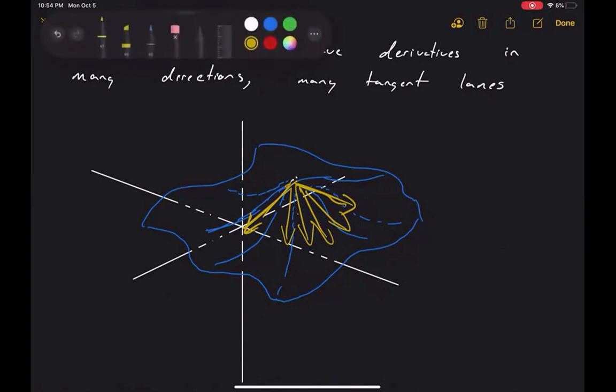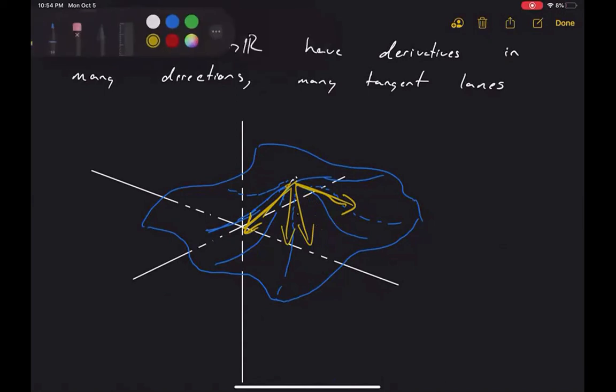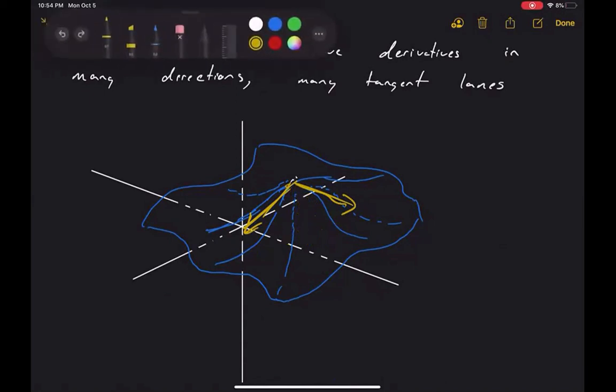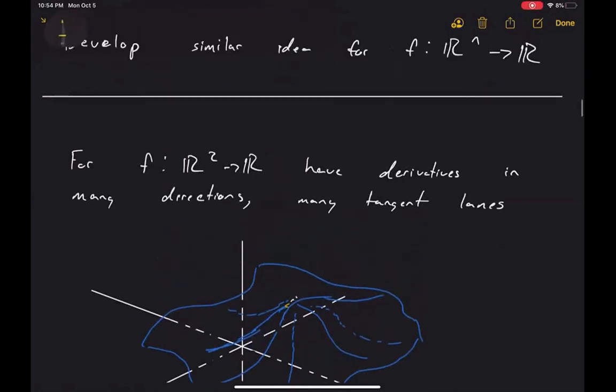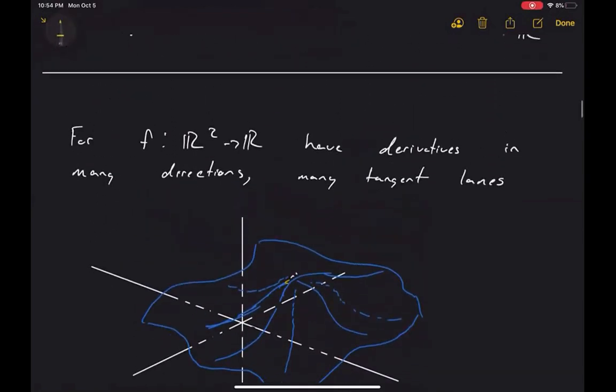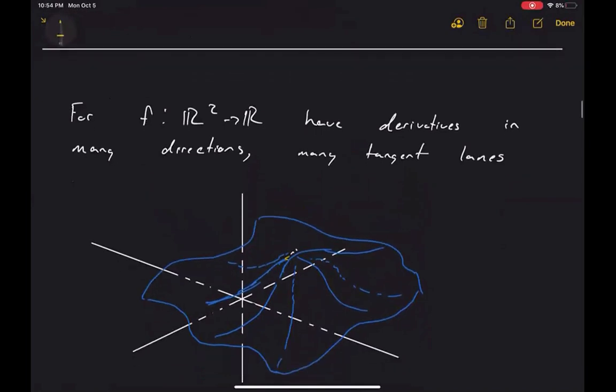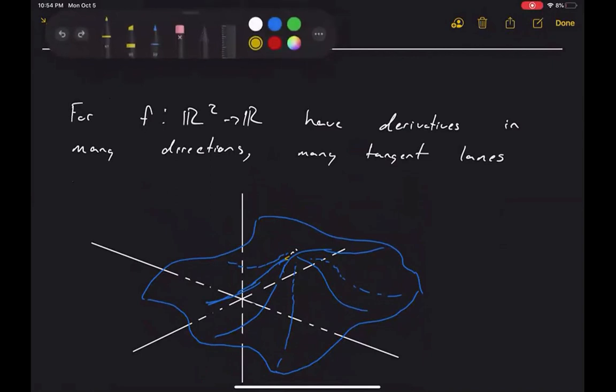In the previous section, we were really only concerned with derivatives in those major directions like x and y, but we're not limited to those. We'll talk more about that in the next section. But the point is we've got a bunch of derivatives, and what I was drawing a second ago, these yellow lines aren't the derivatives. I'm kind of drawing tangent lines.